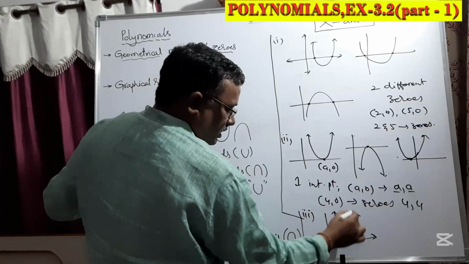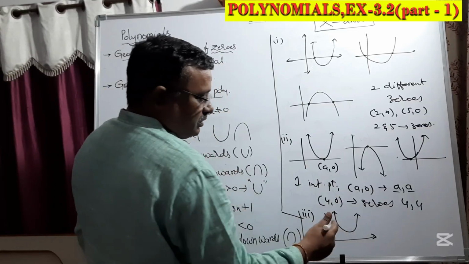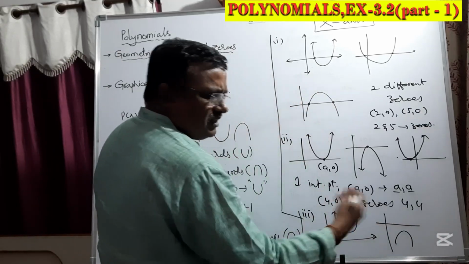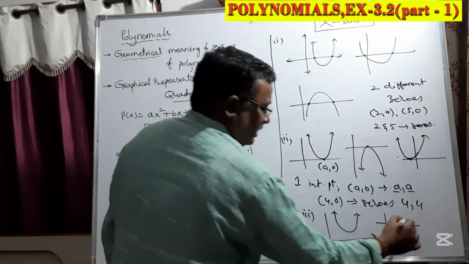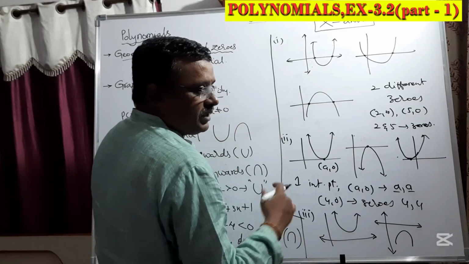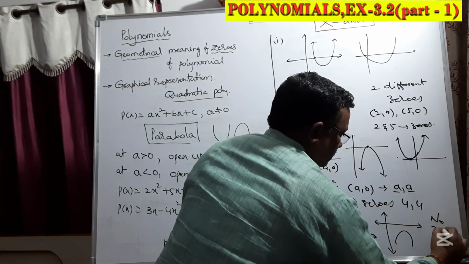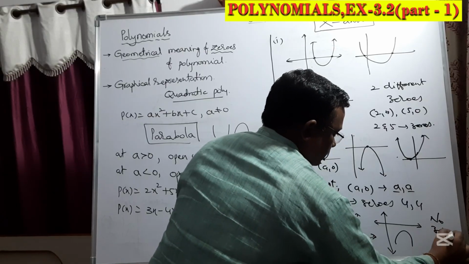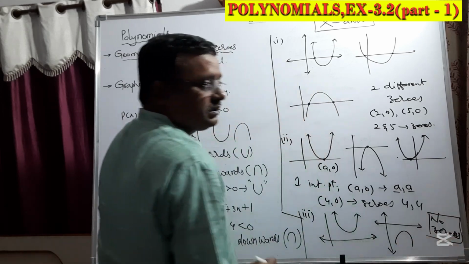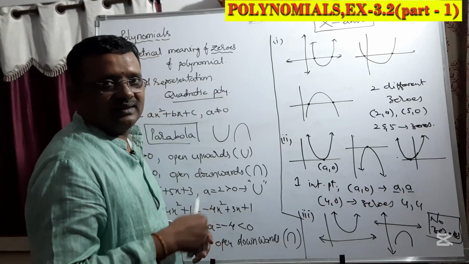So here the parabola is not having any relation with the x-axis, it is away from the x-axis, like this or like this. Different models will be there. In this, the parabola is not having any relation with the x-axis, so it has no real zeros. Understood? Keep that one, very important for bits.